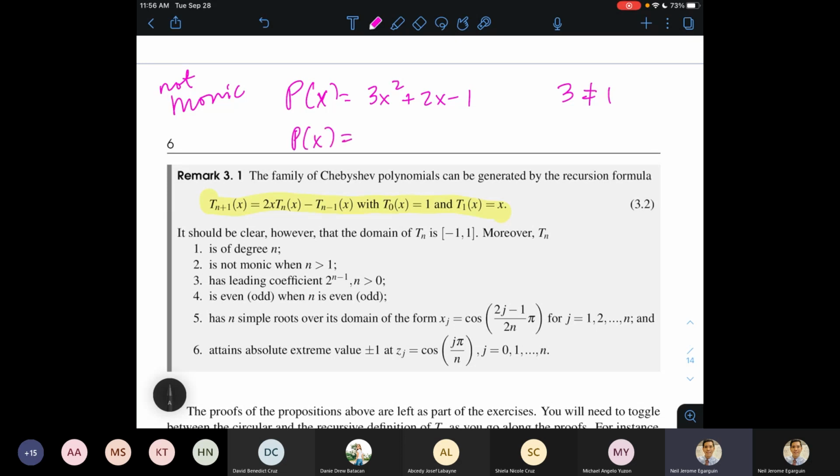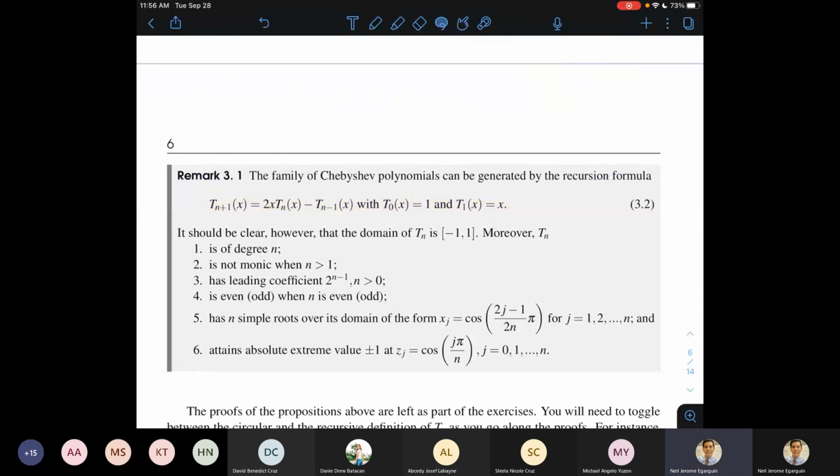For instance, you have x squared plus 3x minus 3,125. So ito ay monic kasi yung degree niya ay 2, coefficient ng x squared ay 1. So yun yung mga monic polynomial. And I guess it wouldn't be hard to convince you that the Chebyshev polynomials are not monic when n is greater than 1.